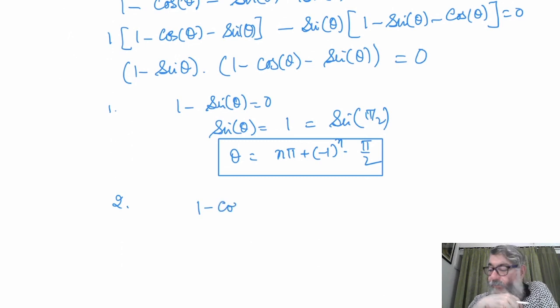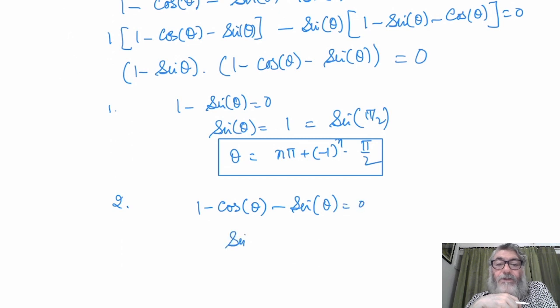We can write as 1 minus cos theta minus sine theta is equal to 0. Then what we did was, we are writing it as sine theta plus cos theta by transferring the terms from one side to another side. Sine theta plus cos theta is equal to 1.